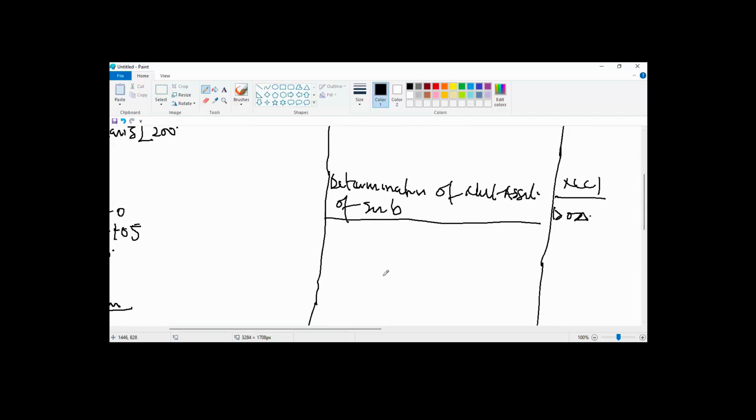Return is 20. Items: DOA, DOC, OS. What is the share capital? 170. Retained earning at the date of acquisition: 20. They said no impairment.